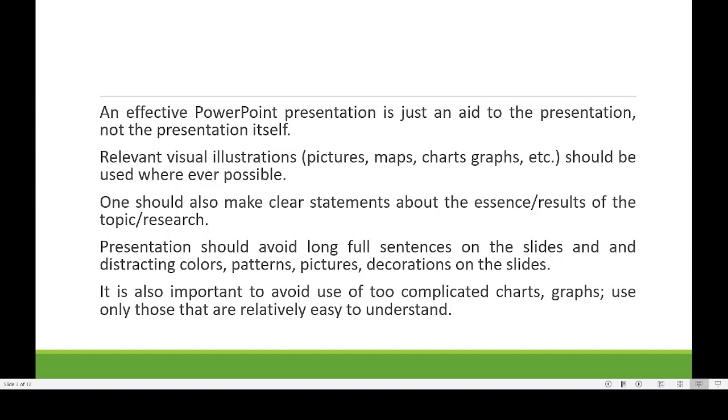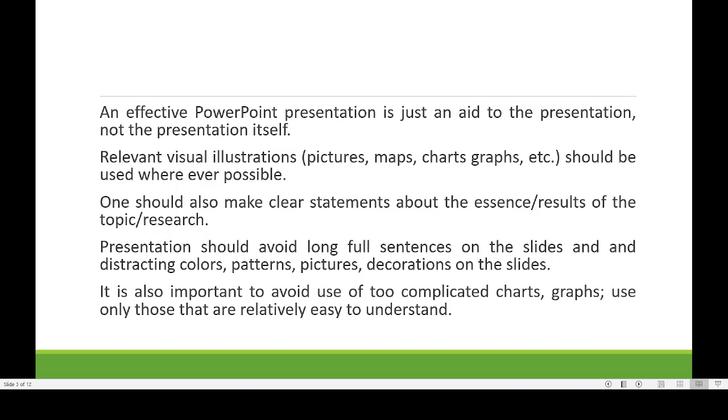We have to make sure that the presentation does not give a boring impression. It should give the impression that it is something new, something modern. Because naturally, the human mind has a tendency to look at something that is more modern and new. For example, if you are showing old things, people may not be very interested in looking at that slide. So a presentation should always be very interesting.